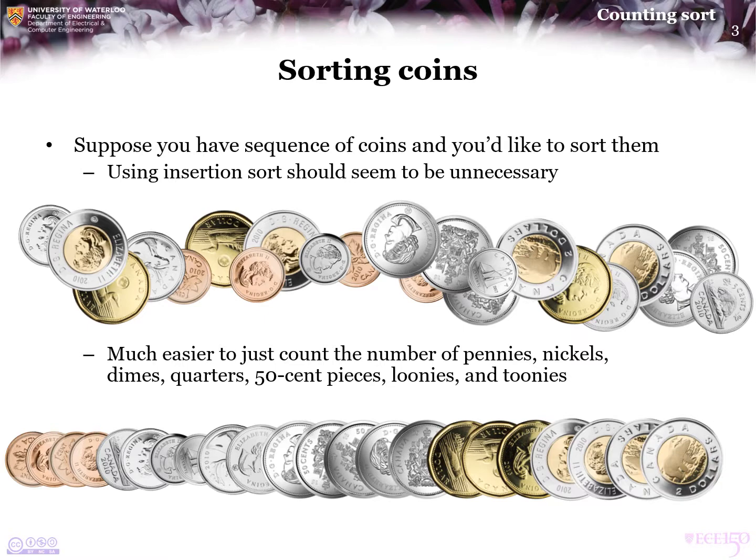There wasn't much work done there. I just counted how many there were of each coin, and after that I could sort them. Indeed, I could sort them with different coins instead of the originals, and it would still end up being a sorted list of as many coins as there were originally in this sequence.